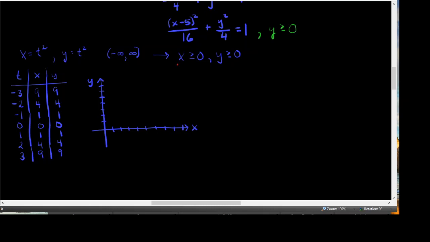Negative time negative, oh, that's time -3. T is equal to -3. When t is -2, we'll be at 4, 4. Time -1 will be at 1, 1. And at time 0 will be at 0, 0.